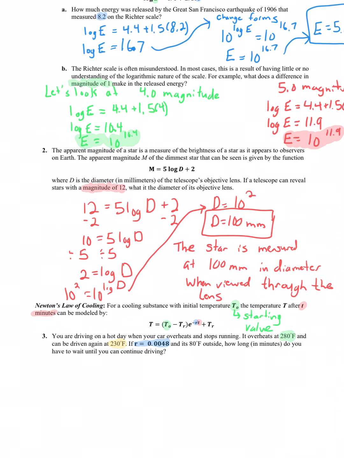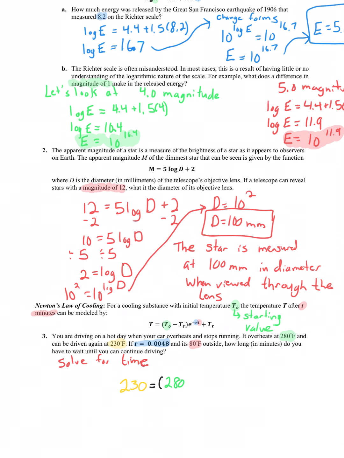All right, so 80 degrees outside. We're trying to solve for lowercase t here. How long do I have to wait before I can start driving again? Our final temperature was 230 degrees, and we know our initial temperature was 280 degrees. The car just overheated.